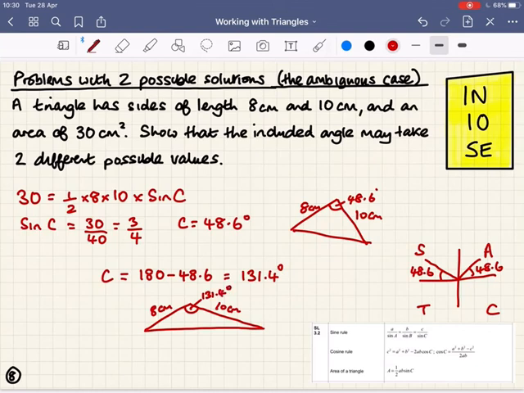So there are two possible triangles that meet the information that we've given. They've both got an area of 30 centimetres squared, and they have sides of length 8 and 10. So there's an ambiguous case when you're working backwards to find the angle. Okay? Watch out for that.